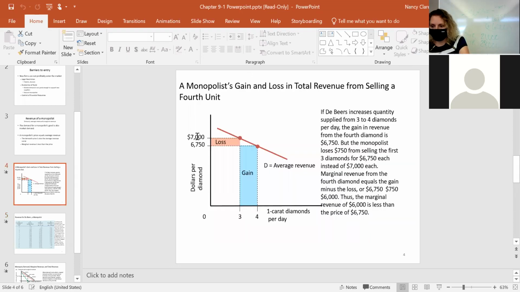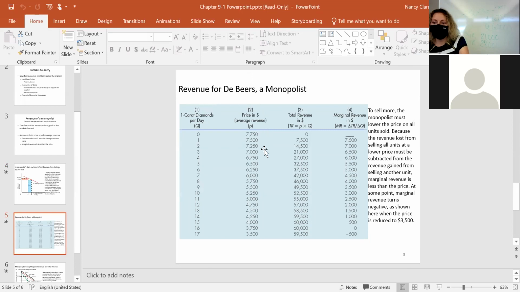We did this back here. We found information off the demand curve at 3 units, at 4 units. This is just all the different points on the demand curve, or all the different quantities that would have been graphed. But you can see here at 3, it says 7,000, and at 4, it says 6,750. That's all this is. Your total revenue, quantity times price gives you total revenue.